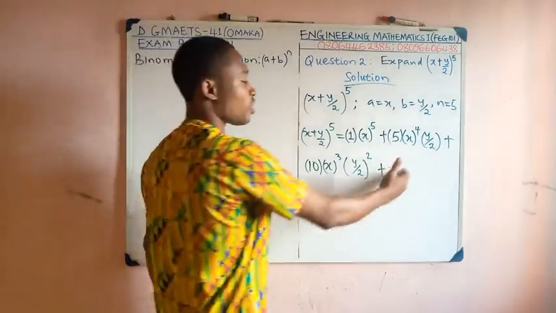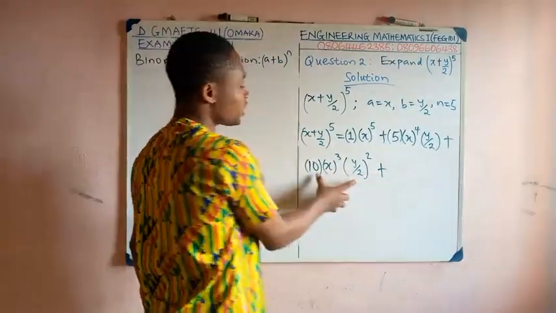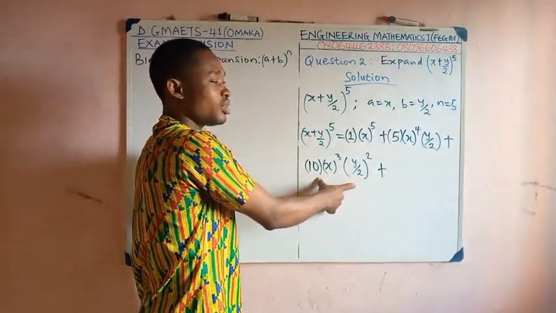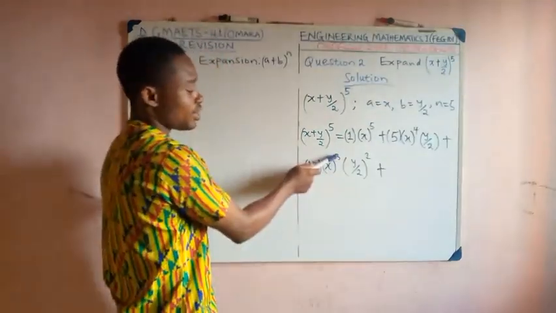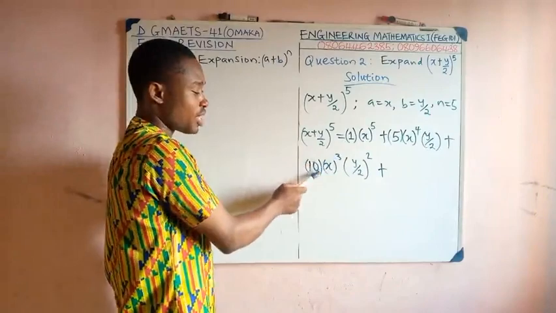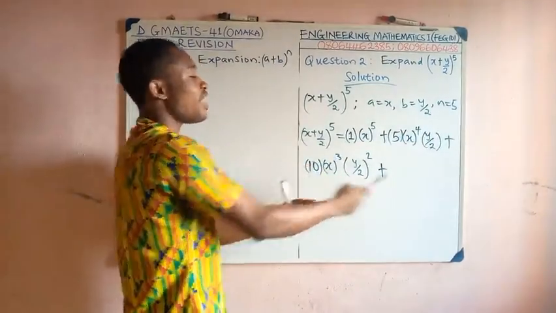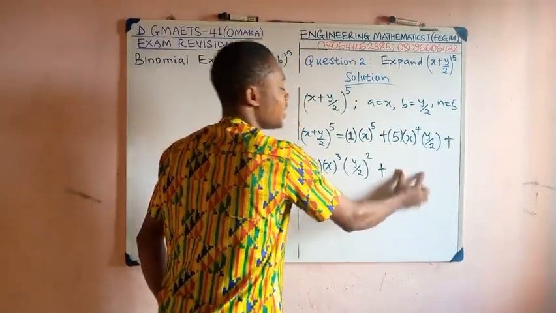I want to obtain the fourth term now. So the fourth term will be obtained. Even the coefficient will be obtained from this third term, the term just before it. Power of a. Are you following? Power of a times its coefficient. So 3 times 10 will give us 30, divided by the number of terms before this new one you want to obtain.